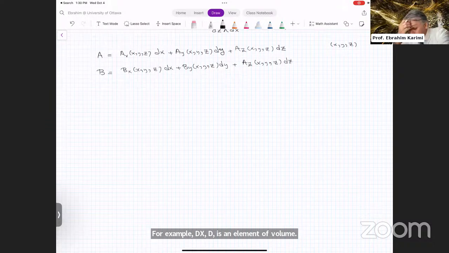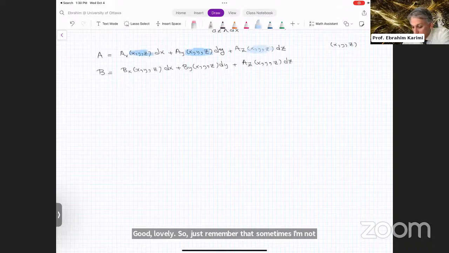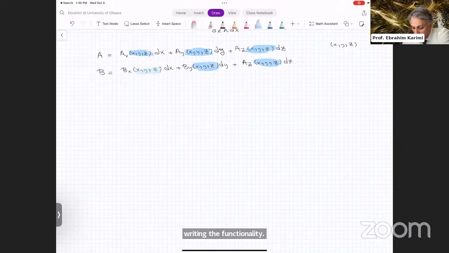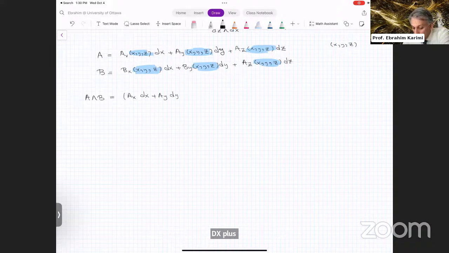Good, lovely. So just remember that sometimes I'm not writing the functionality, and these are not important for me so far, and I will keep it this way. Okay. So now I'm asking what is going on with the wedge product of A with B. So I have to take ax dx plus ay dy plus az dz.